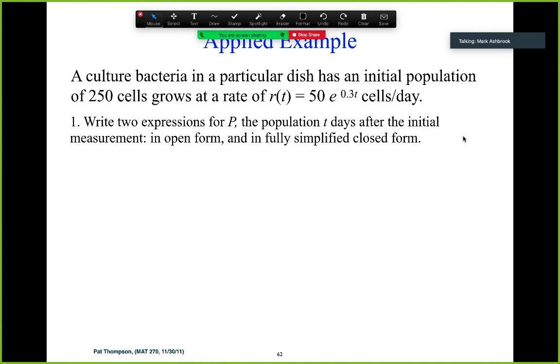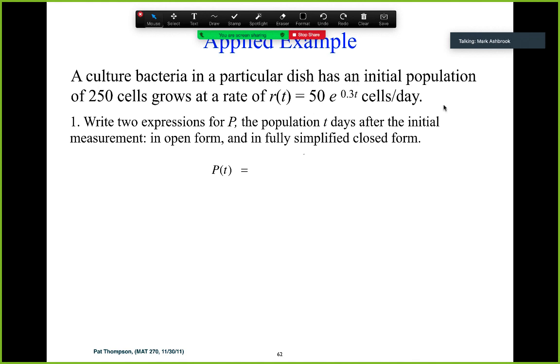And so are we talking about a net accumulation function or a total accumulation function, first of all? Total accumulation. We know our total accumulation is going to be what? It's going to be our initial amount, 250, plus the net accumulation starting from 0.